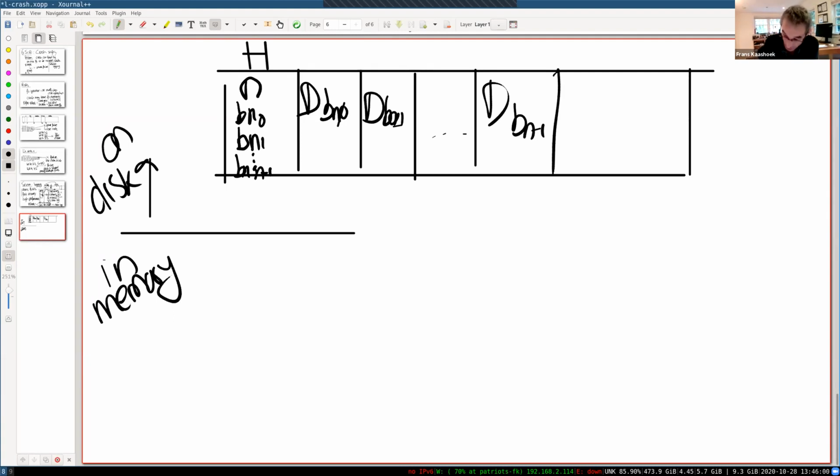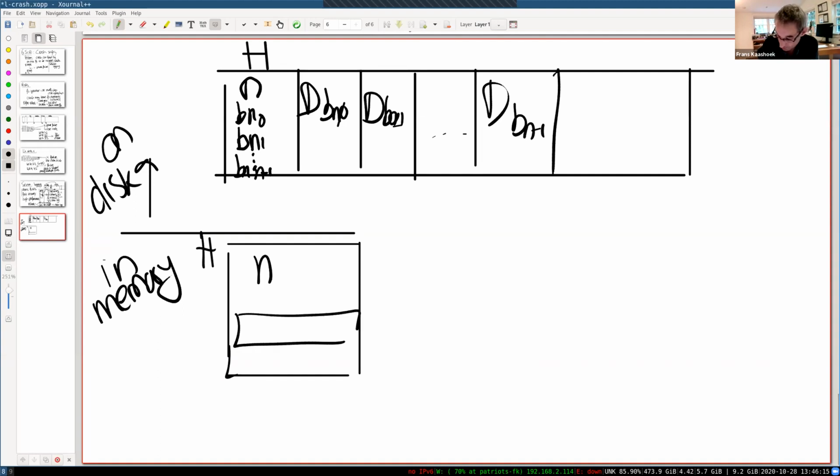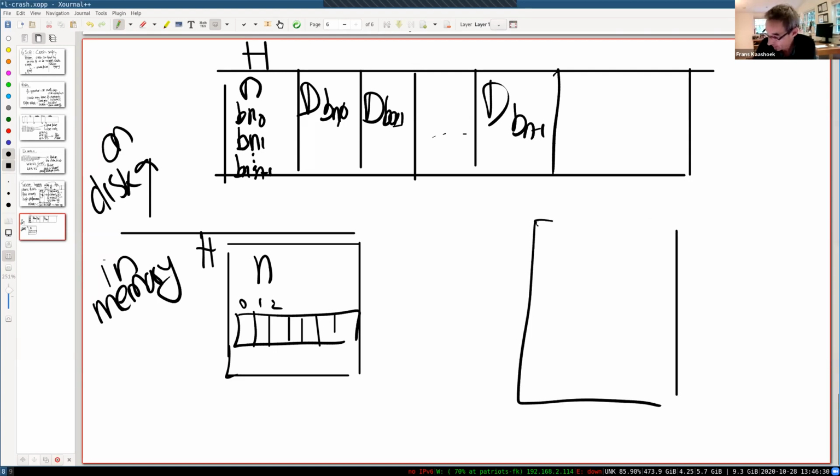Then in memory, while the file system is running, there's an in-memory version of the header. It has the n, and it has an array of block numbers. These block numbers refer to blocks that live in the block cache, which by now you're well familiar with.